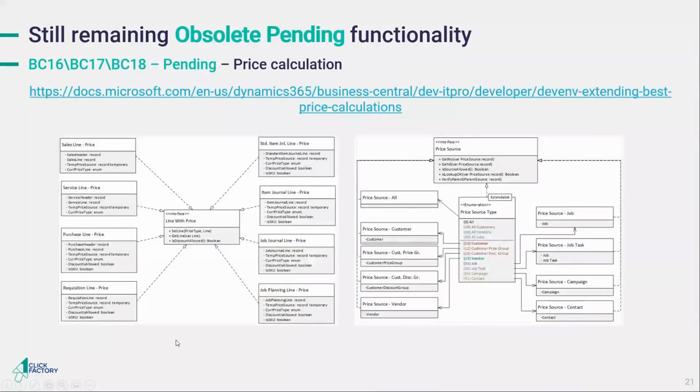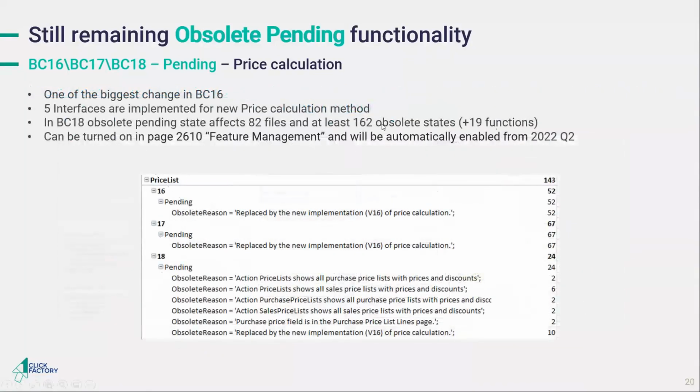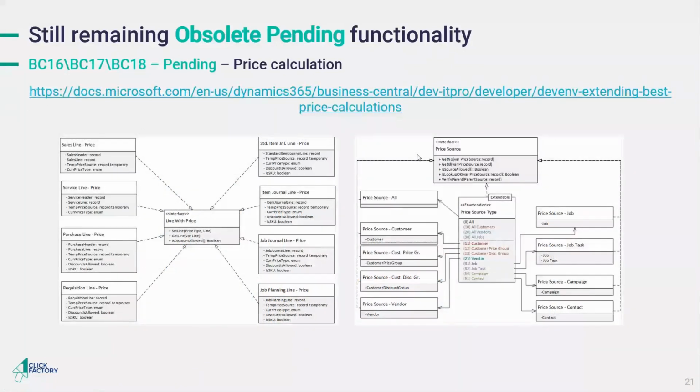And this is a very big change, not only from the 162 obsolete states which will become removed, but also with the complex interface newly introduced functionality. And you see it's now a better functionality than it was before.